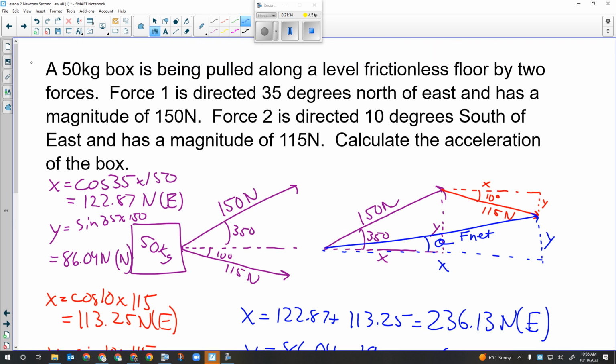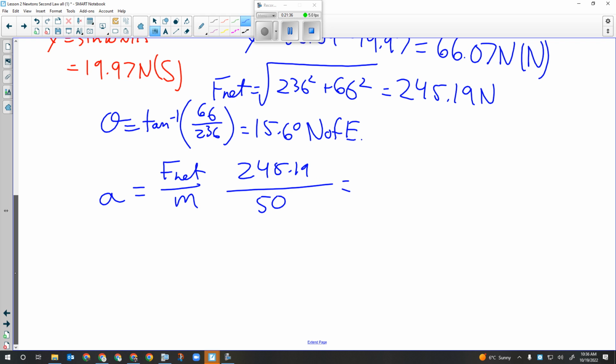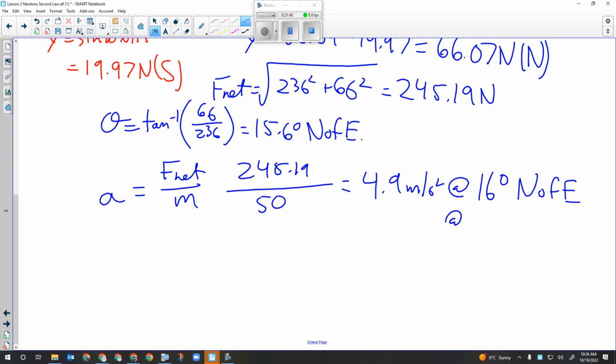Two. So 4.9 meters per second squared at 16 degrees north of east, or at 74 degrees east of north.